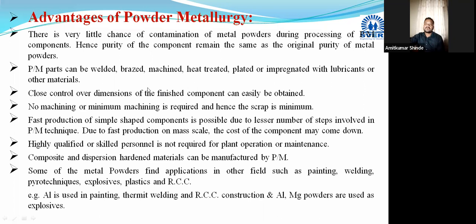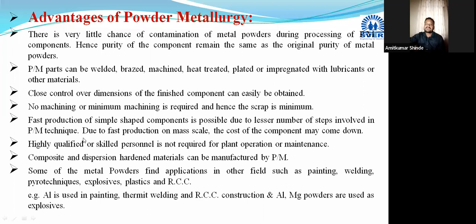Then close dimensional accuracy can be obtained, meaning components of the desired shape and size can be manufactured. Very little machining is required, and hence whatever scrap is produced is very minimal in this powder metallurgy process.